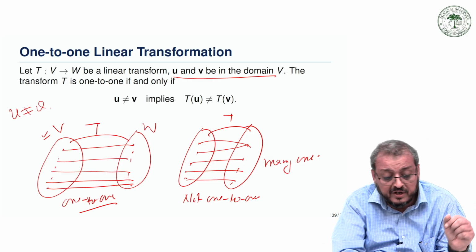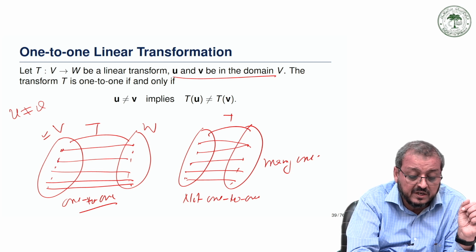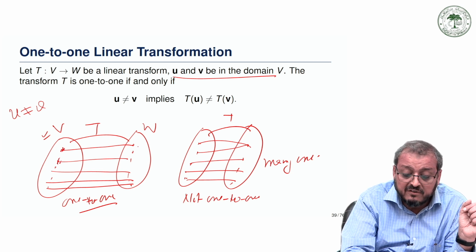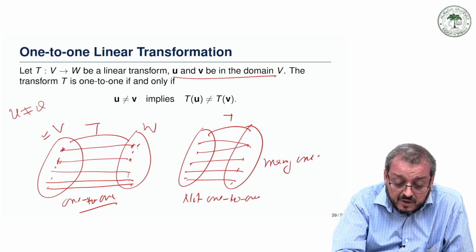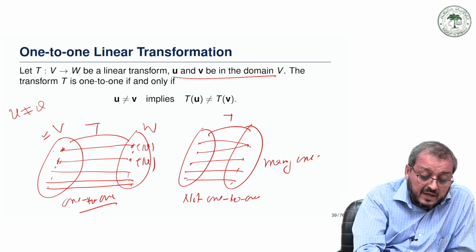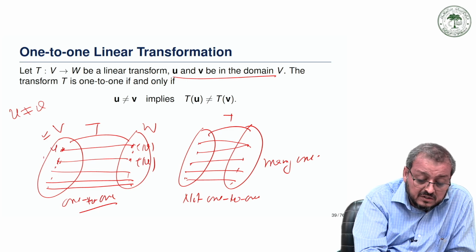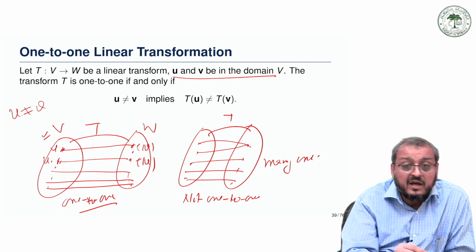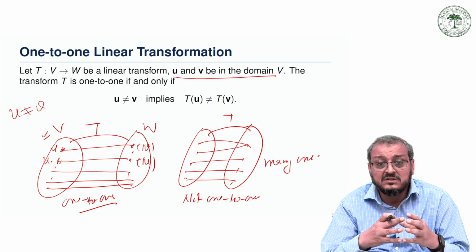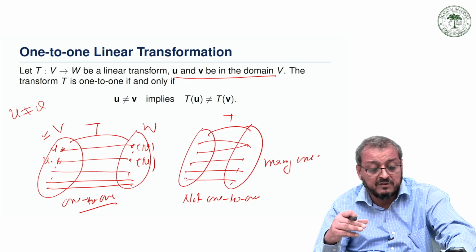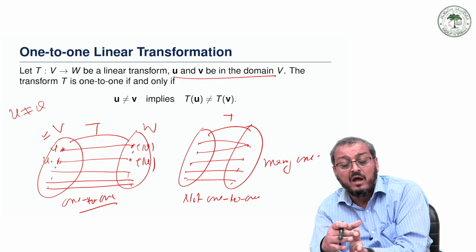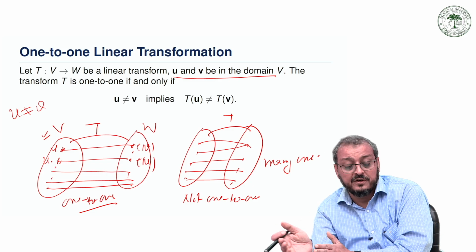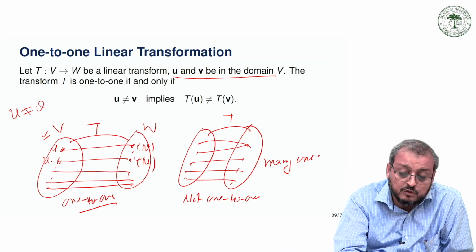If these two are not the same, then we identify the images of these two elements, T of u and T of v. If we take two elements u and v from the domain, and these two are different, that must imply that the images are also different.